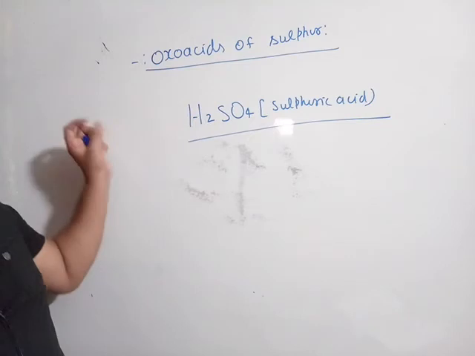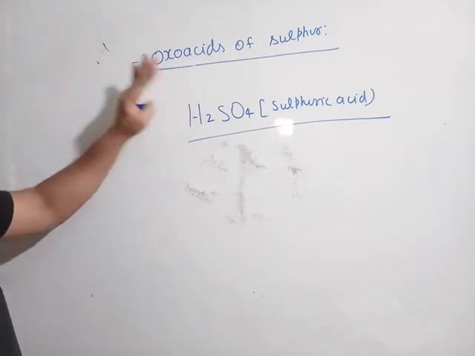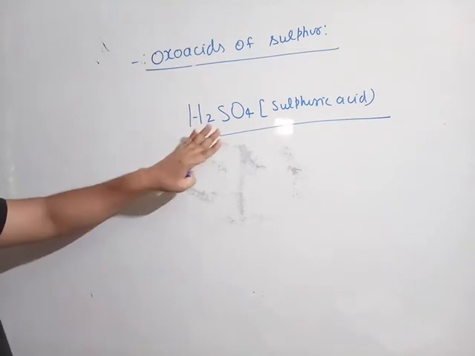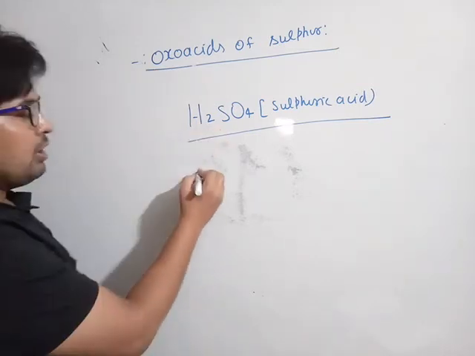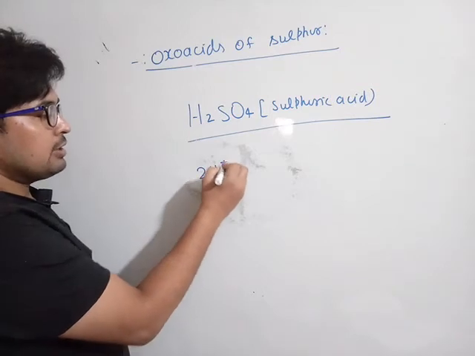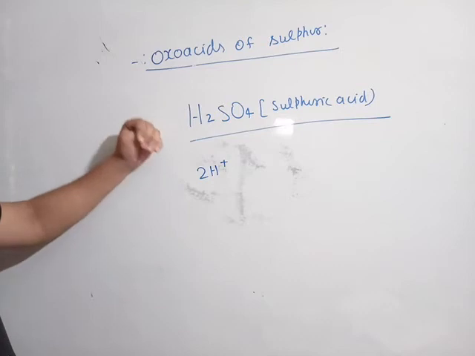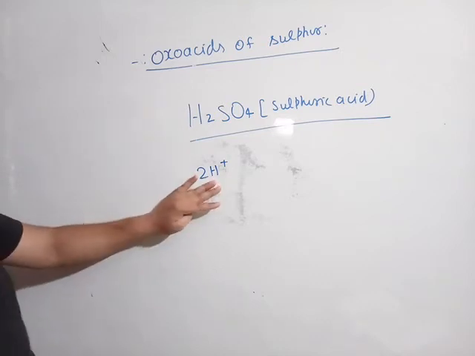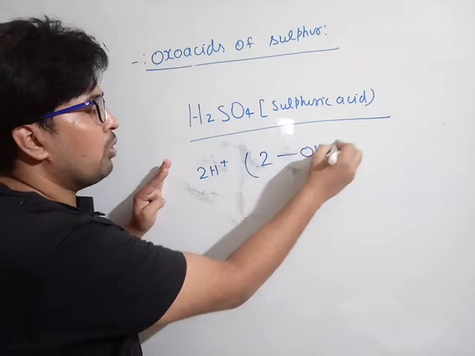The last and important topic is oxo acids of sulfur. That is very important. As we all know, sulfuric acid is a dibasic acid, so it will give 2 H plus ions. The concept is that whatever number of H plus it gives, it will have the same number of OH bonds.